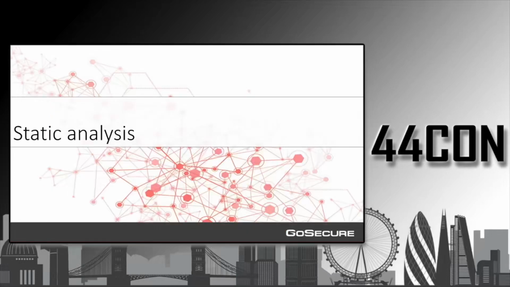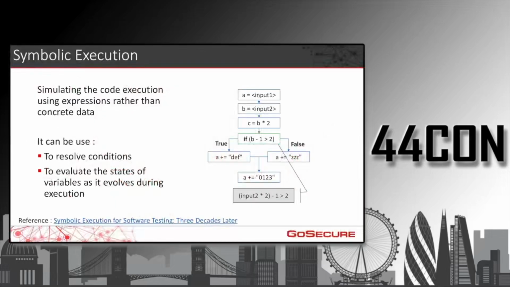First, this is going to be slightly heavy, so it's going to be a bit of theory, but I have just a few concepts to introduce to you to make sure we're all on the same line. The first element for static analysis that most semi-advanced static analysis tools will do is symbolic execution.